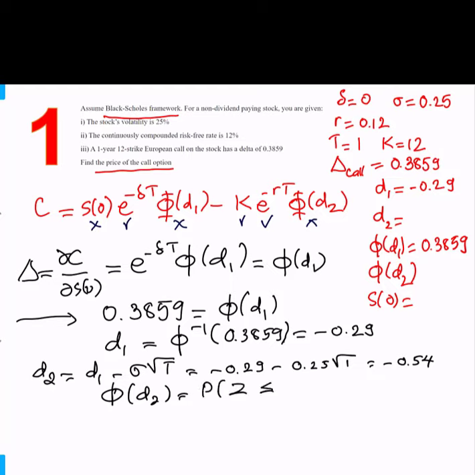Phi of D2 here basically is just the probability that Z is less than or equal to minus 0.54. Just use the Z table. This should be 0.2946.